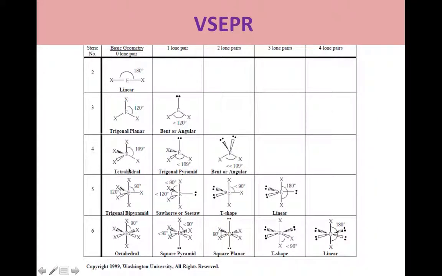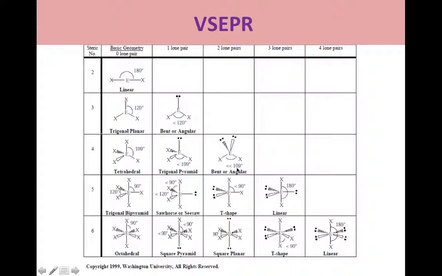Then, when it gets to tetrahedral, you have a couple of options. You could have 3 bonds, 1 lone pair, or you can have 2 bonds and 2 lone pairs. So few things can happen. You can have tetrahedral like normal, 109.5 degrees, or you can have this lone pair. Again, that lone pair is going to force extra repulsion on these bonds, forcing them down, so you're going to have less than 109 degrees.